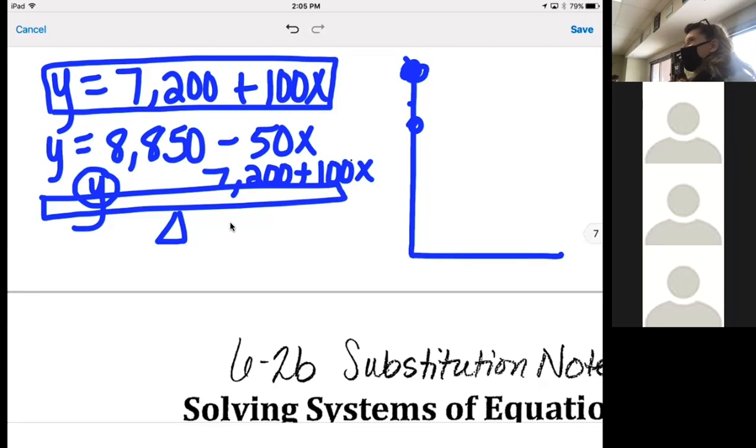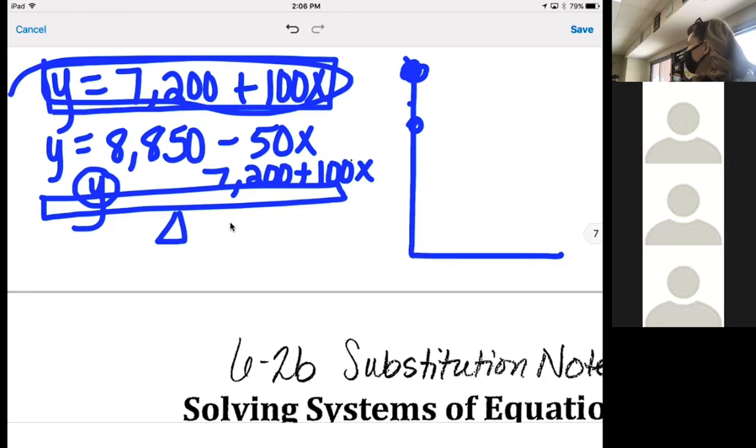But that is what we're doing here. We're making a quick change to maintain that equilibrium on the teeter-totter. As long as it's a balanced or equal weight, we can do that. We have this equation on our teeter-totter. From the other equation, what can we replace the y with that's still the same weight?